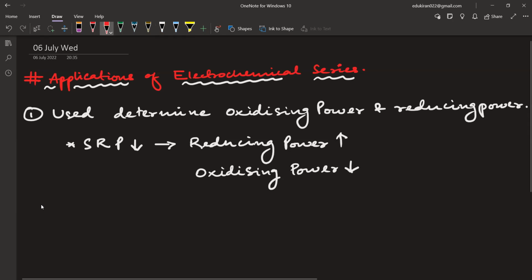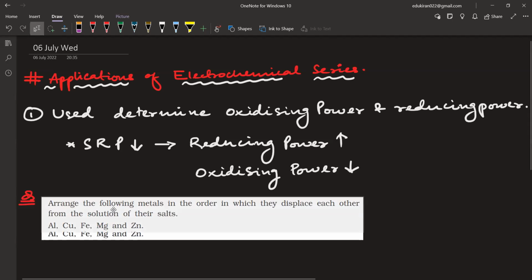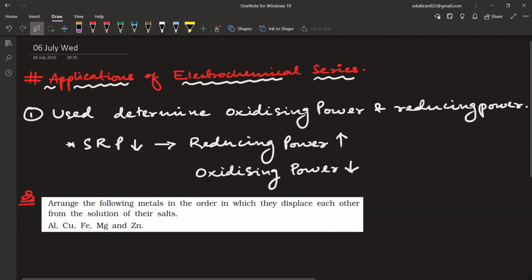Now write a question on this. Write the question and then I will explain what the questioner is asking.